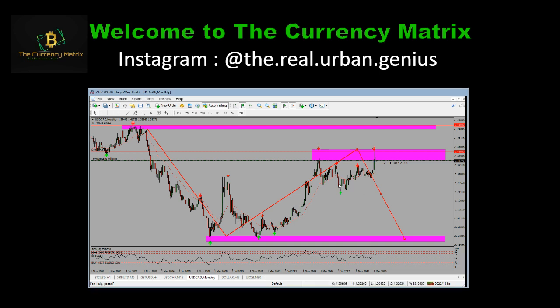Okay, so to carry on from here, let me get that out of the way. And now to carry on from here, you see we're coming off of the high of 2015. We can indicate this. Let's highlight this area here. We'll call that 1.0302.